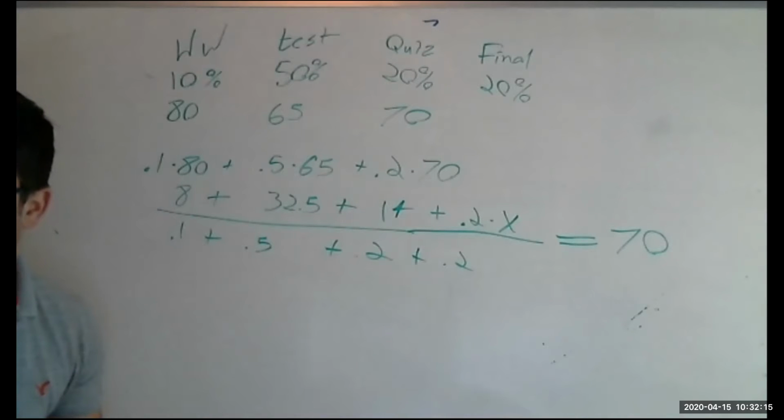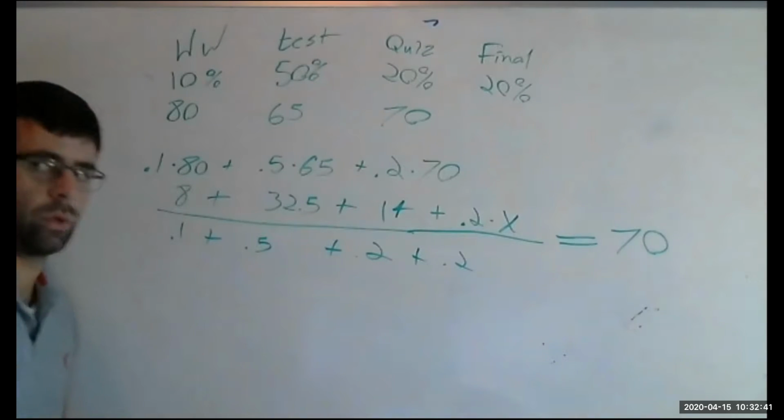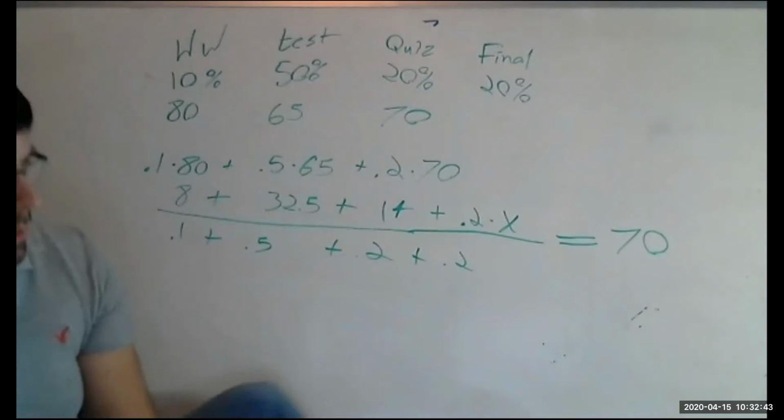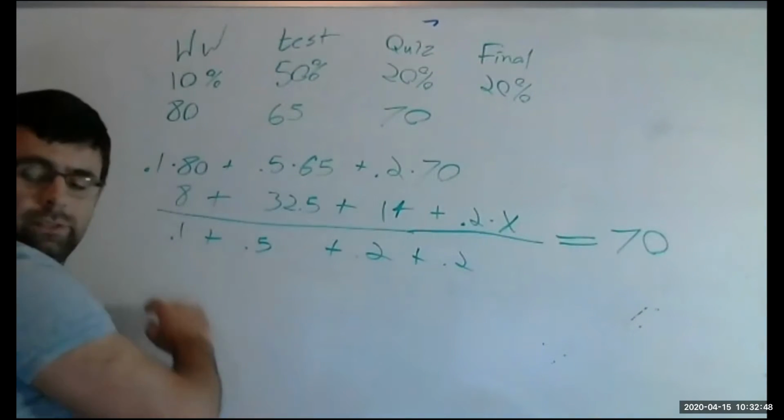So yeah, that's our question. What do we need to make on the final to get that C? And that would be given by this value of x. So let's solve for it. What do you get when you add up all of these things?